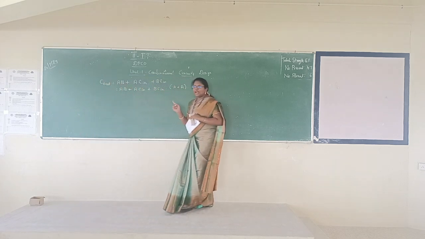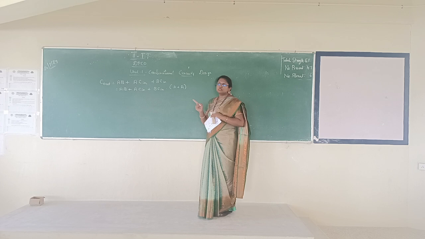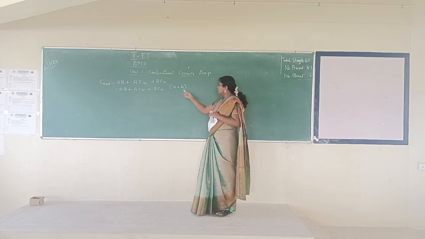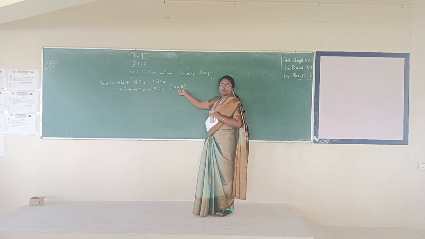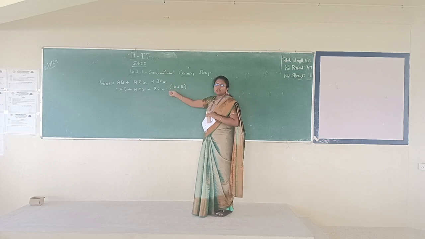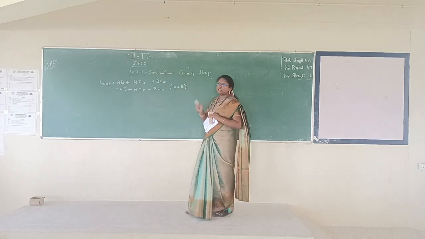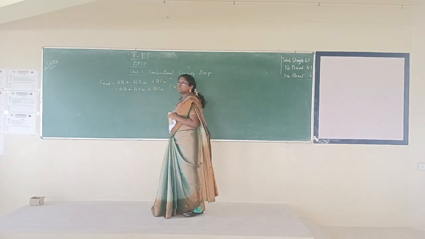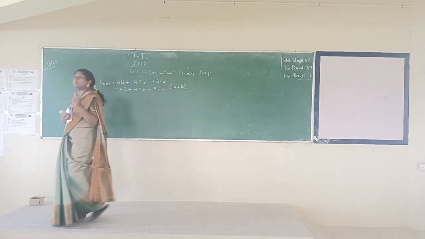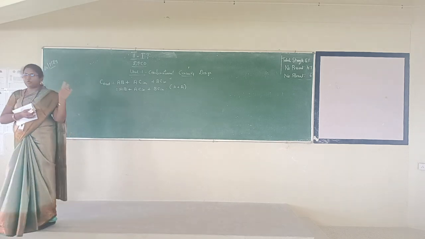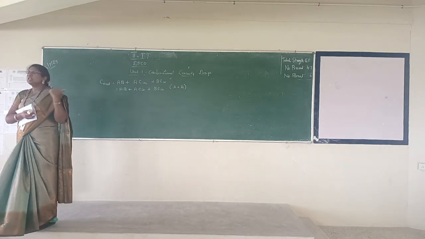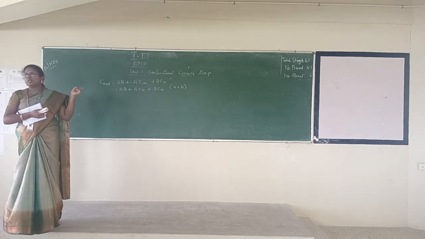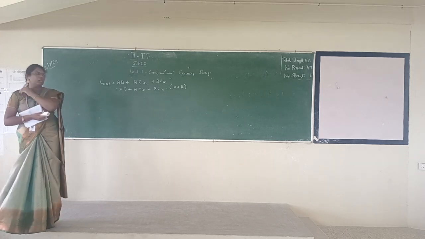What is A plus A bar? 1. So we have added A plus A bar along with the original terms, right? This is an additional term. By adding the additional term, the original term will not change. When you add something extra, the original term should not change.